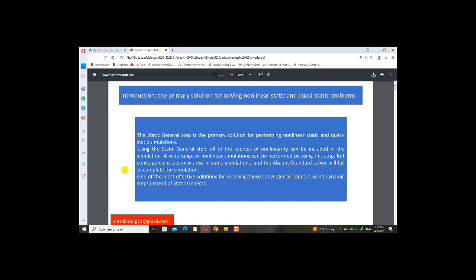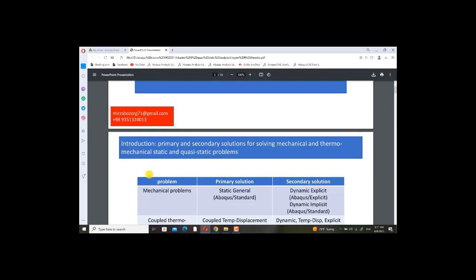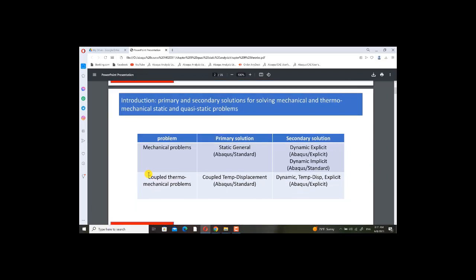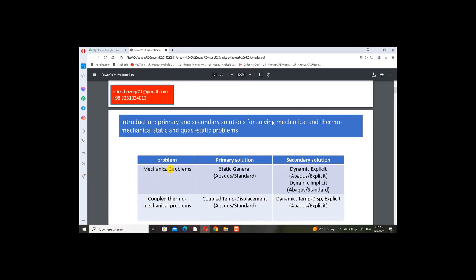What are the dynamic steps? Dynamic implicit step and dynamic explicit step. Here I have mentioned two cases, mechanical problems and coupled thermomechanical problems. For mechanical problems, the primary solution is the static general step, and its solver is Abaqus standard.